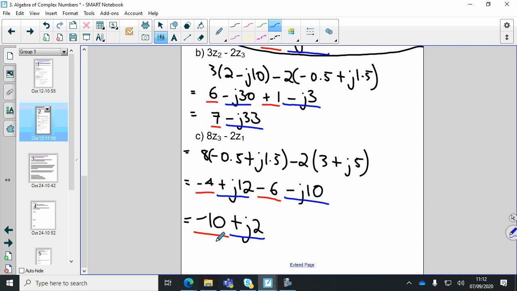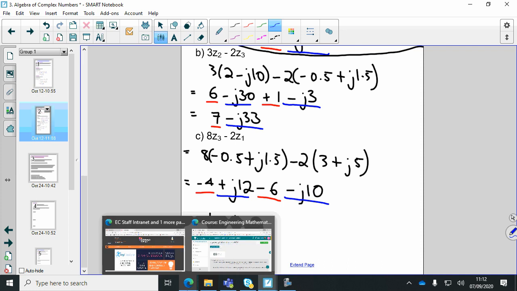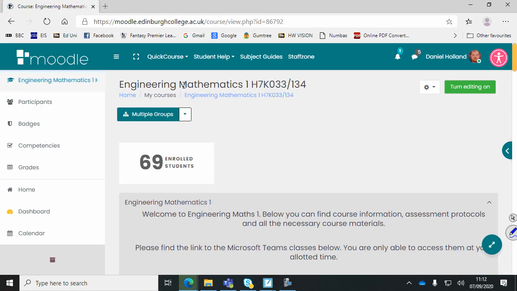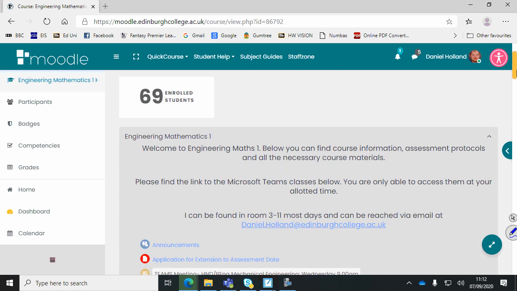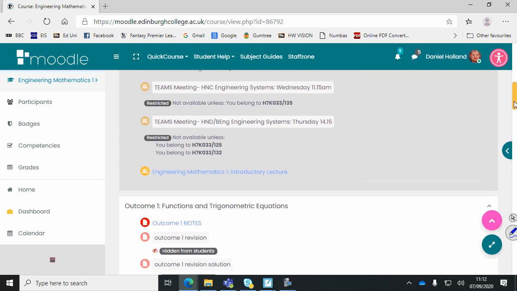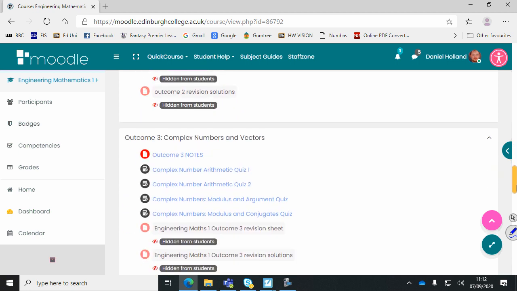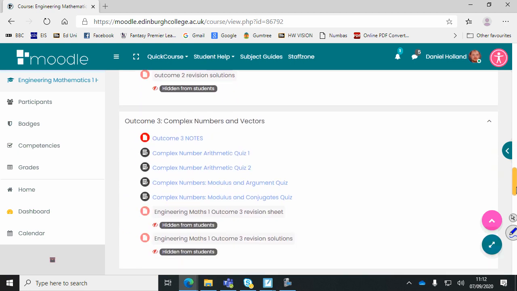I'll now move on to showing you where you need to be on Moodle. So if you go onto Moodle here, click on your Engineering Maths 1 course. And then we're doing outcome 3, if you recall from the introductory lecture. Now, when you get down to outcome 3, if you click on outcome 3 notes, we'll open a PDF.